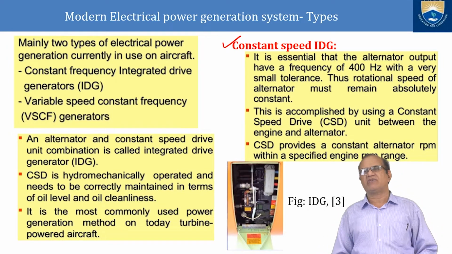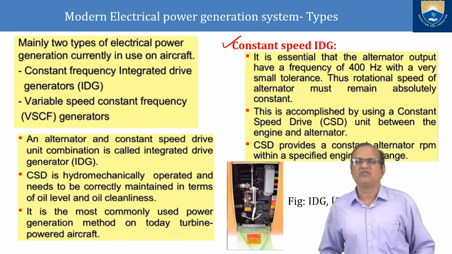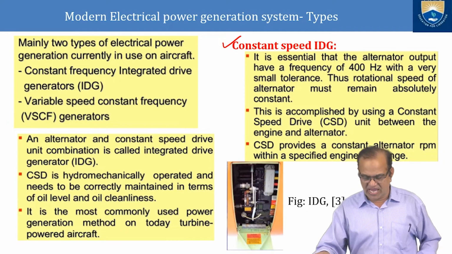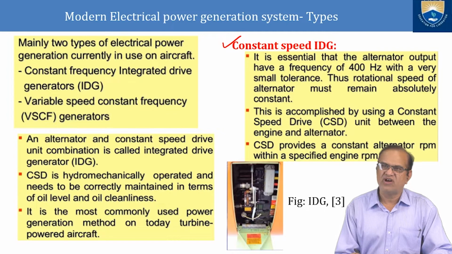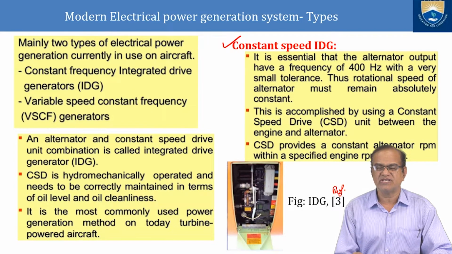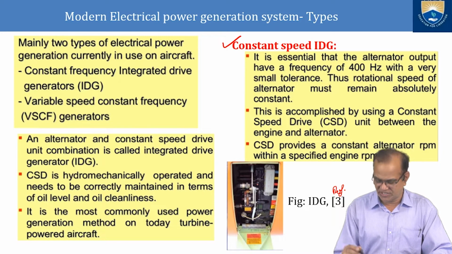So most turbine powered aircraft use the IDG, and I have shown here a small picture of an IDG, which is taken from reference 3. You can see here a mechanism, and inside this some oil is there. It is hydromechanically operated. It will maintain a constant speed for a given range of engine speed.